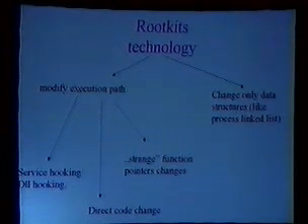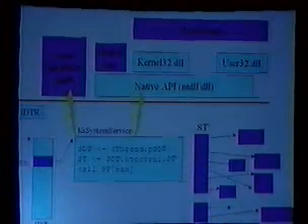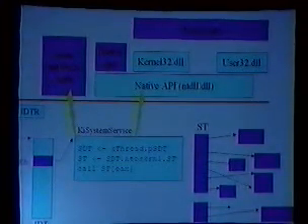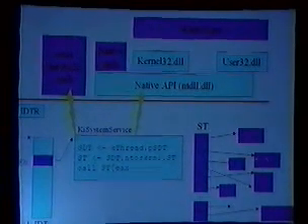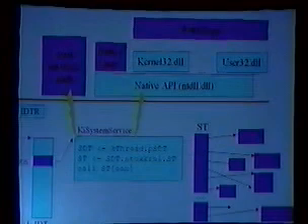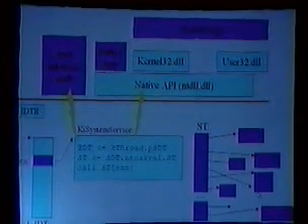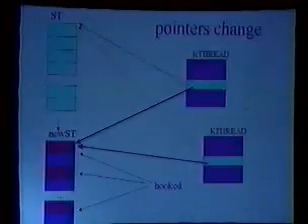So we saw this kind of rootkit, a classic rootkit, direct code change. It should be obvious, because instead of manipulating pointers here, we could just change the body of this function. We can just put a jump here or something, or just replace the contents of this function with new contents. So we've got a direct code change. We've also got a possibility to change some function pointers, like here.